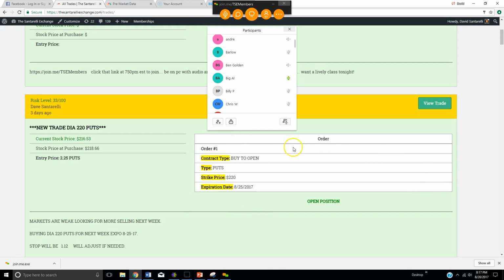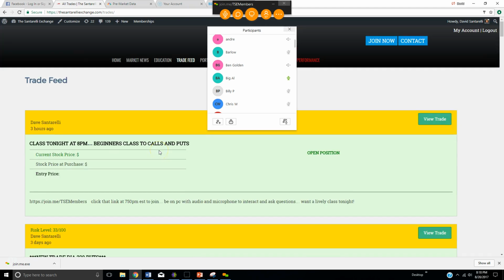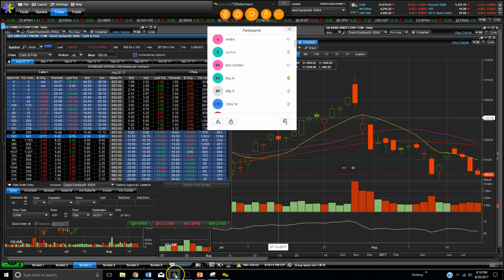If there's something in order 2, that means it's a spread. If it's just this single order, you see here, it's DIA: buy to open, puts, 220 strike for August 25th expiration, and the entry price is 2.25, which we're up about 50% on that position right now. We'll get towards the Santarelli exchange at the end here. Right now, it's just on calls and puts.